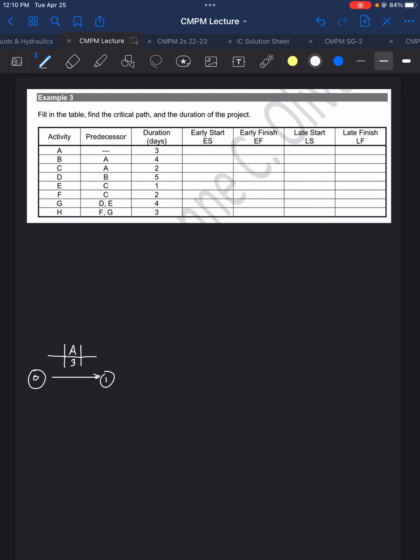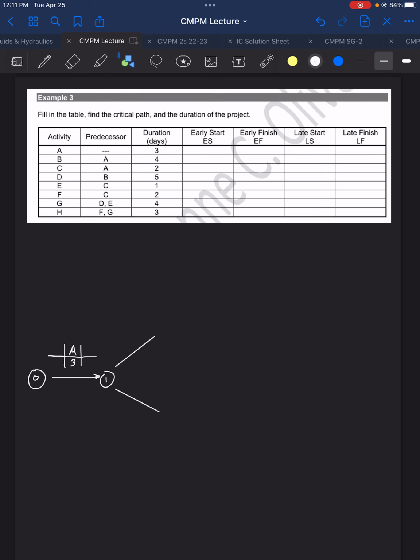Next, we have activity B. The predecessor is activity A. And you can see here that both B and C will start after activity A. So that means there will be a branching out here. It will burst.